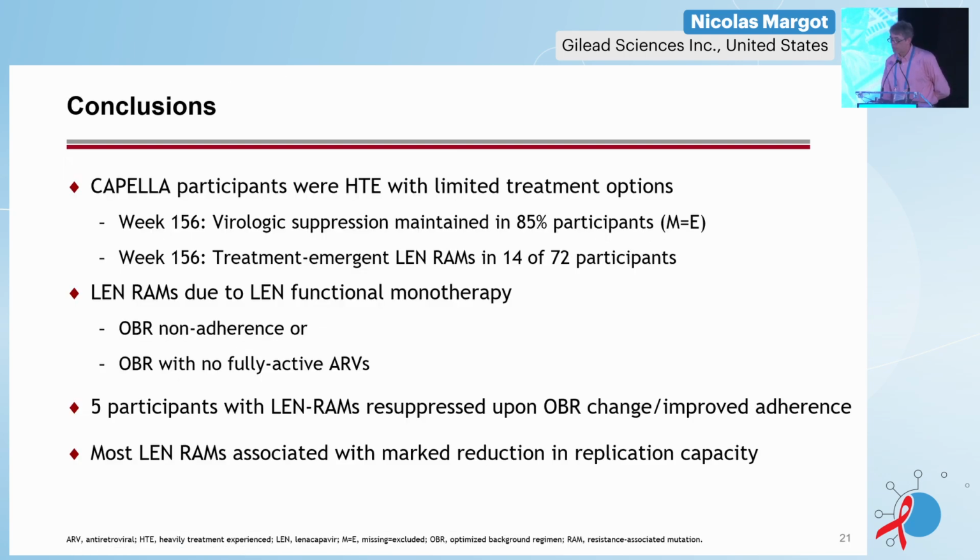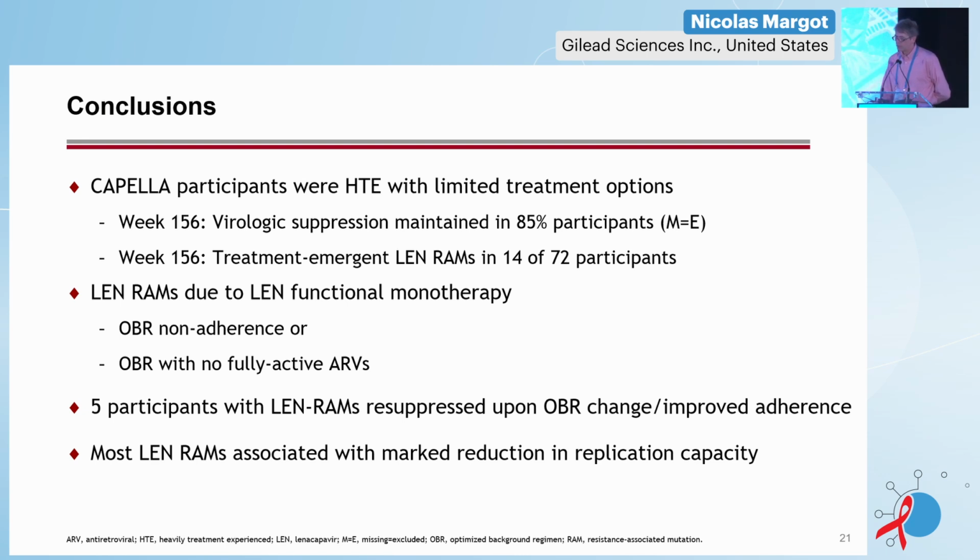So in conclusion, I've described that the participants were heavily treatment experienced with limited treatment options, and that was by design in the study. At week 156, the suppression was maintained in 80% of participants, and treatment-emergent RAMs were seen in 14 of the 72 participants.